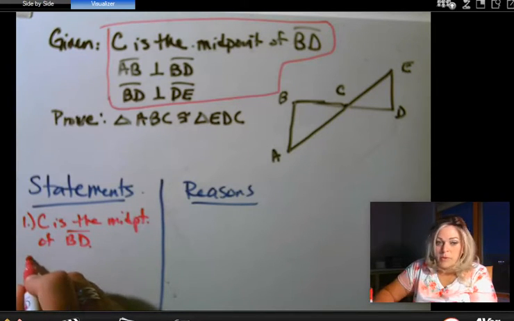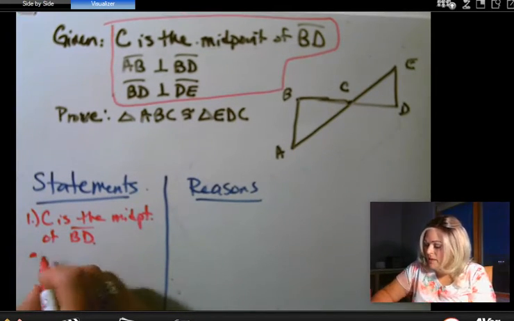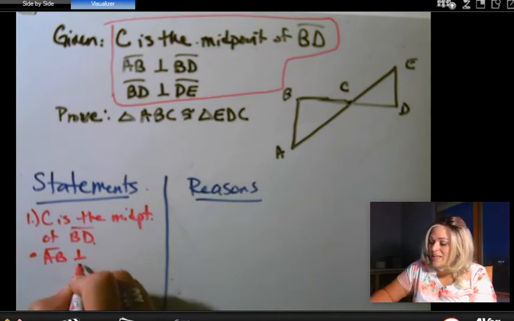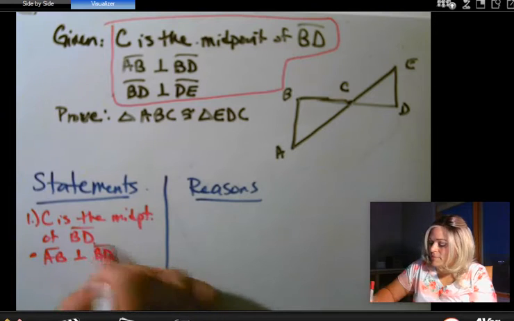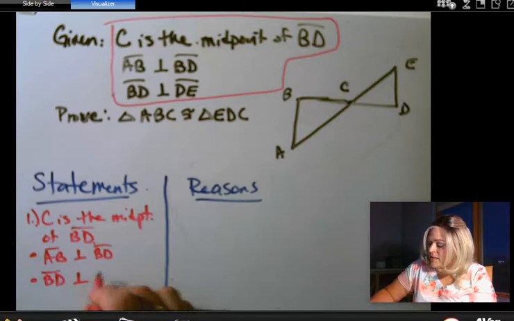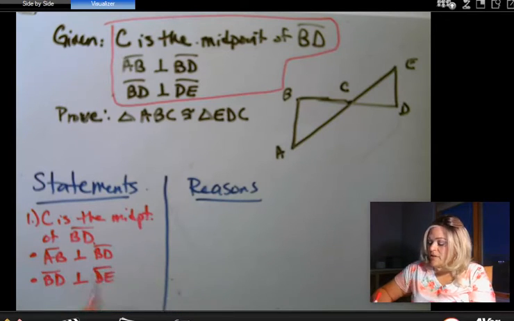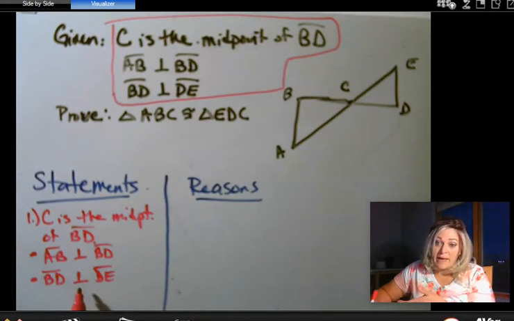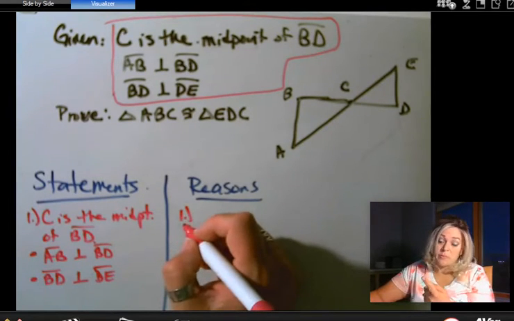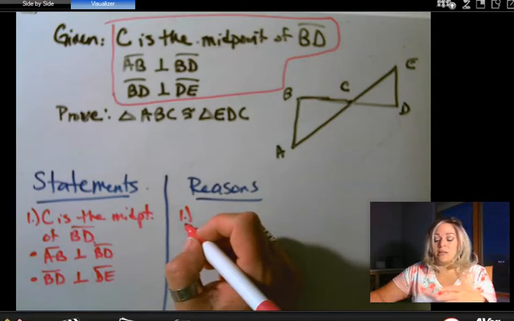Also, I'm going to put little bullets so I can keep track of them. AB is perpendicular to BD, and BD is perpendicular to DE. Now, if you didn't know that symbol, that would be something you need to go back and practice and review, and make sure you understand what the symbol means, perpendicular, and what perpendicular means.